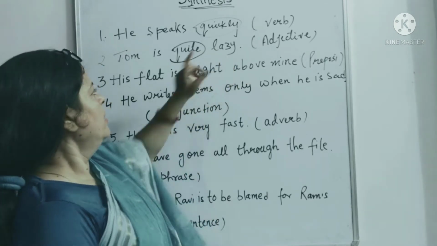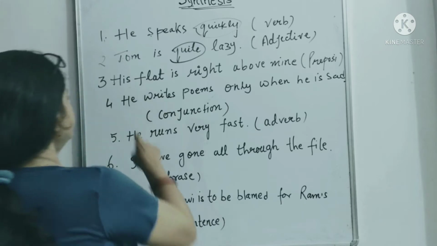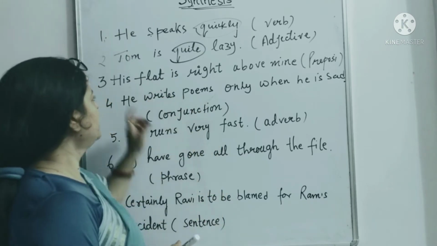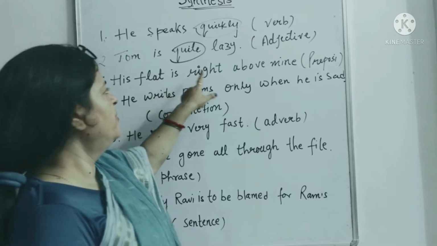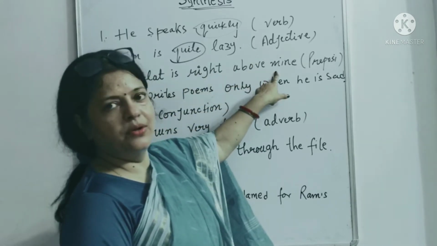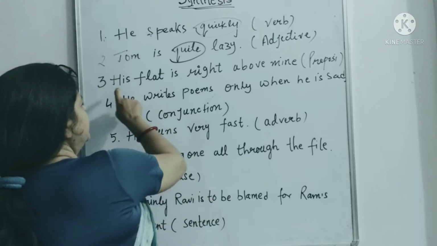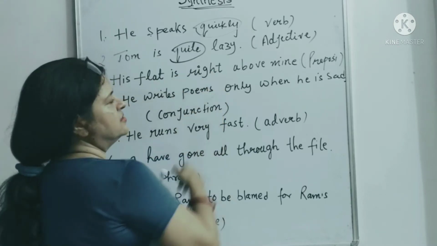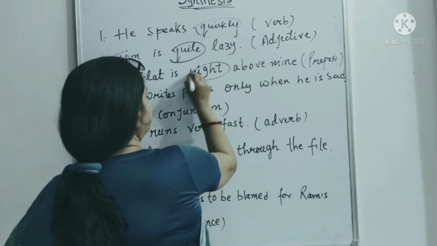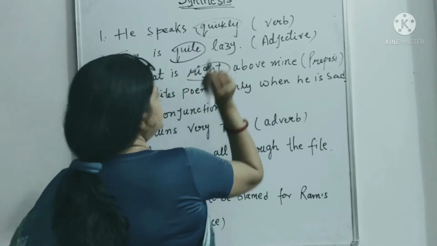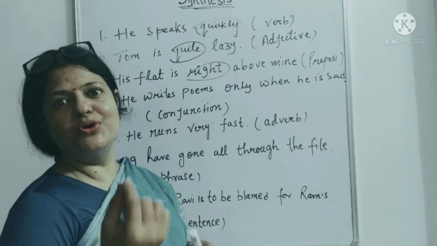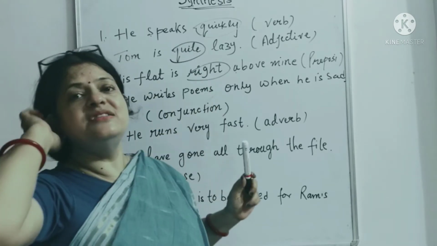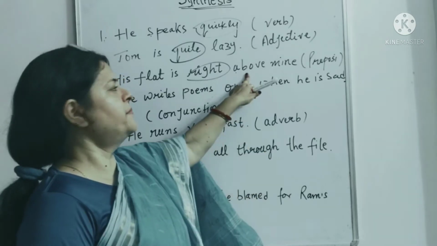Okay. Now let's see the third one. His flat is right above mine. So here we see his flat, this is the subject, is right. Here again we have an adverb, and above is a preposition. As I told you, a preposition is a part of speech, and this adverb is modifying this preposition.